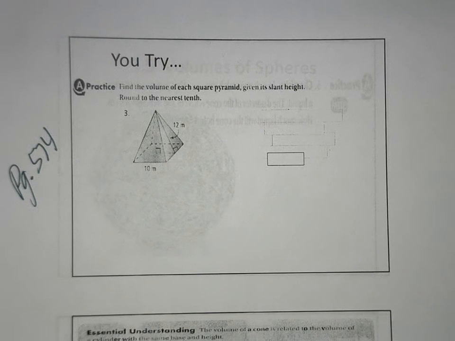Round to the nearest tenth. 10.9. No, that's just the height. Then you have to do 11 times 100. Oh, to the nearest tenth. So do 10.9 times 100.